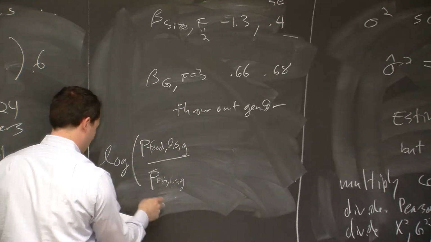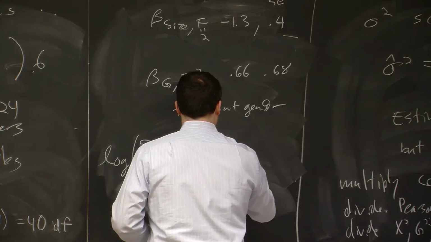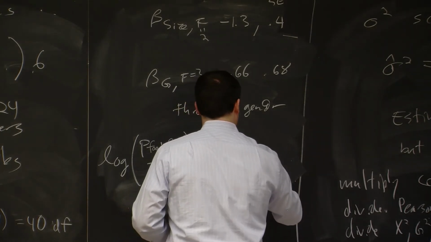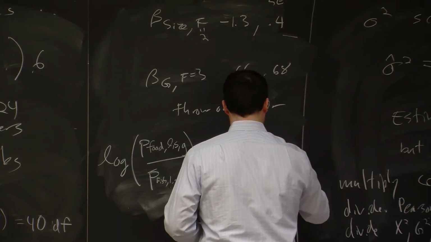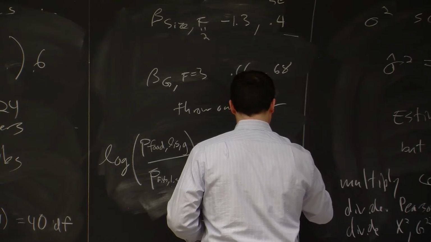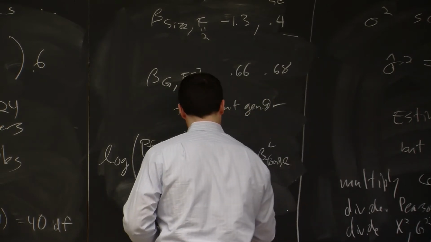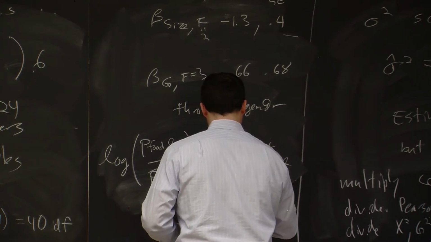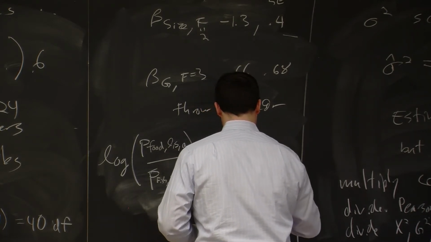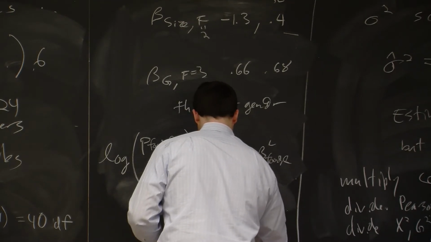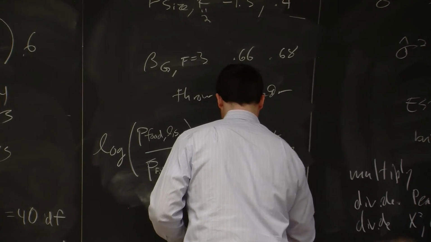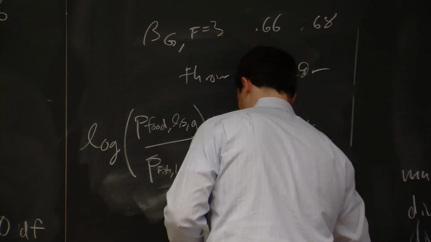So these are the two things that are changing. And that would be equal to the alpha of the food that's changed plus a beta for lake-food, plus beta for size-food, and the beta for gender-food.